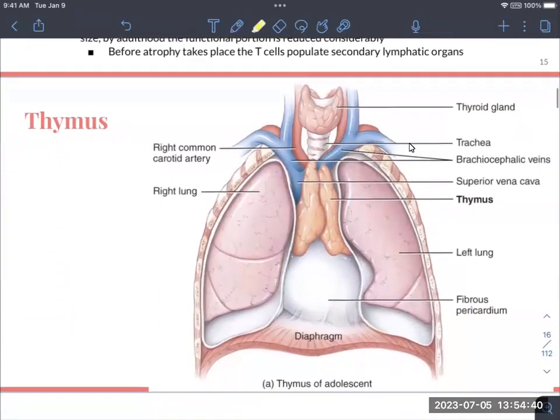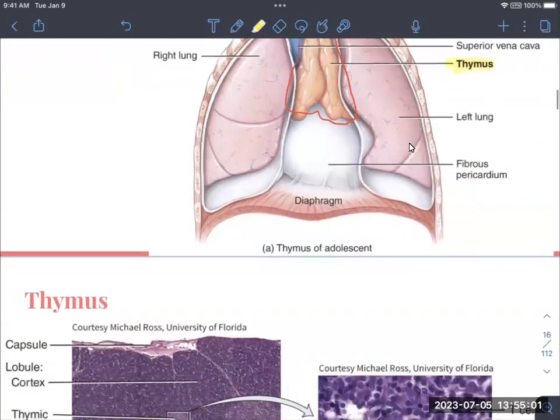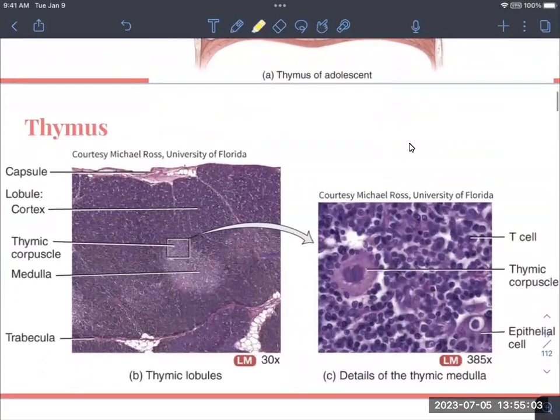So this thymus here covers this whole area throughout. It's got these two separate lobes to it. It maintains and stays within this area, and it works hard to make T cells that can fight off specific infections. So here is some slides of a thymus.